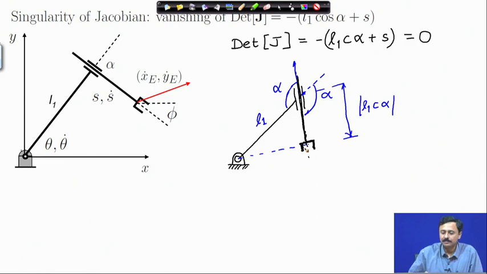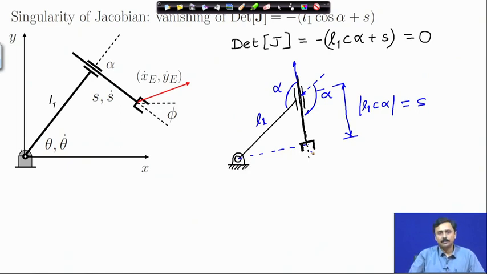So, this is a singular configuration where S is equal to the negative of L1 cosine alpha, or the magnitude of L1 cosine alpha. Remember that L1 cosine alpha is negative and S is positive, and they are equal in magnitudes. So, L1 cosine alpha plus S must be 0. So, this is the singular configuration.